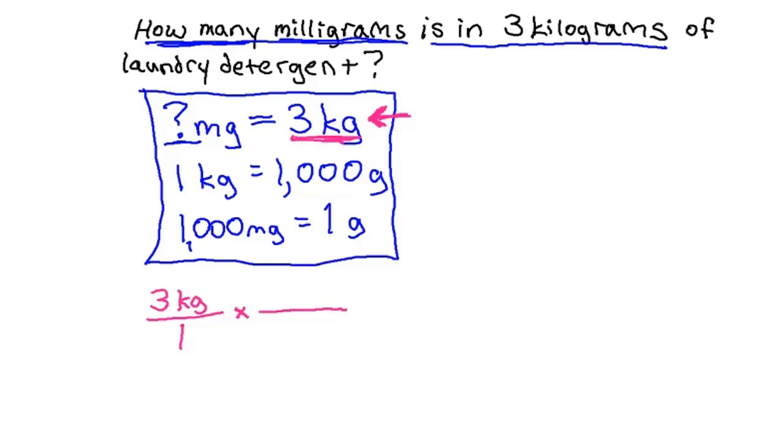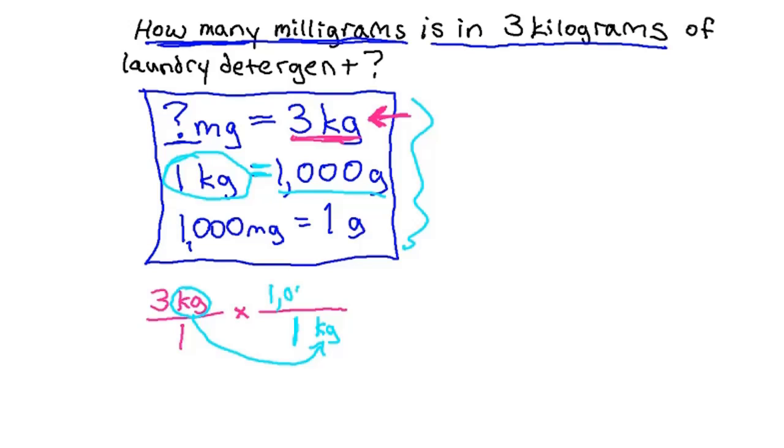And now we're going to look at this fraction we just wrote, 3 kilograms over 1, and we're going to notice that the unit of measurement is kilograms. So we're just going to bring that on down to the next fraction bar and put kilograms down here. And we're going to look up at our table and find another place where it mentions kilograms, which is right here, 1 kilogram. So we're going to write 1 kilogram, and whatever is on the opposite side of the equal sign up here, 1,000 grams, we're going to put on the top of the fraction bar, 1,000 grams.